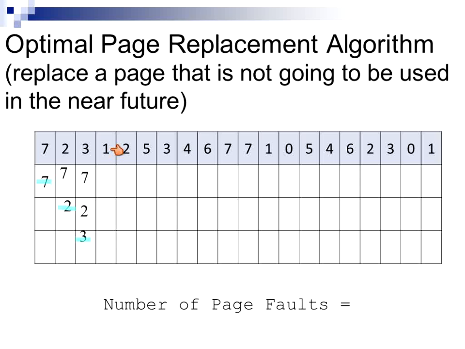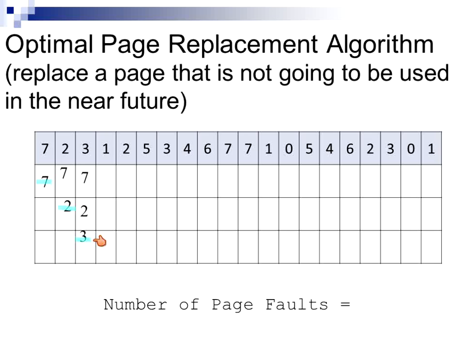Okay, now we're looking at what page we want to replace when we want to bring in page 1. Our choices are page 7, page 2, and page 3. So what we're going to do is look ahead to see what other pages are going to be used.